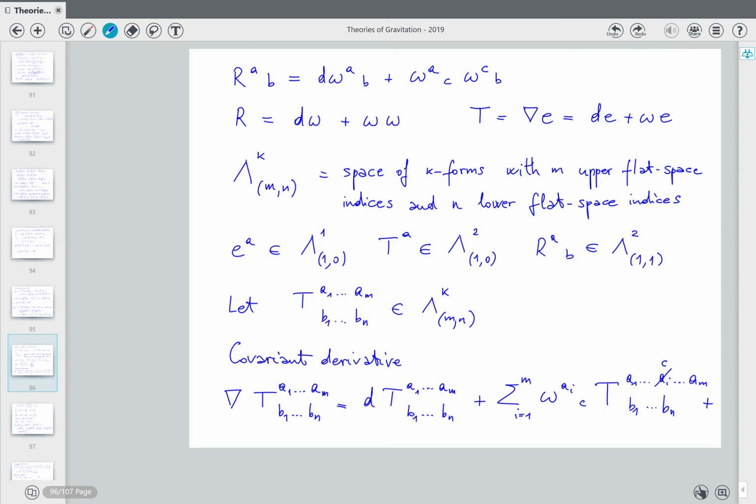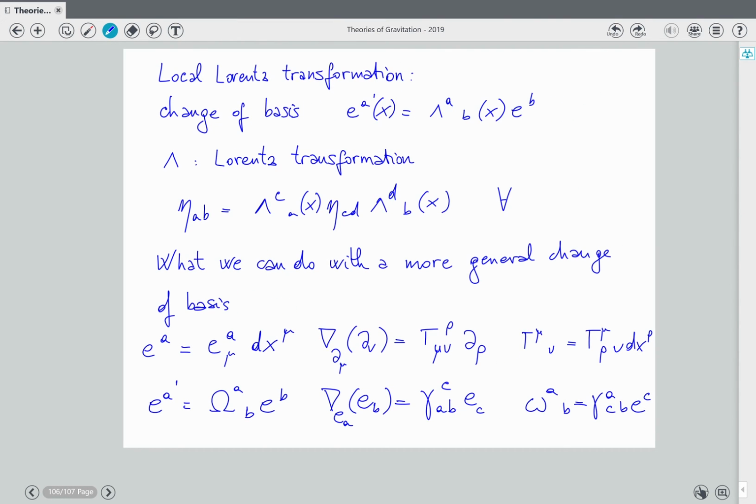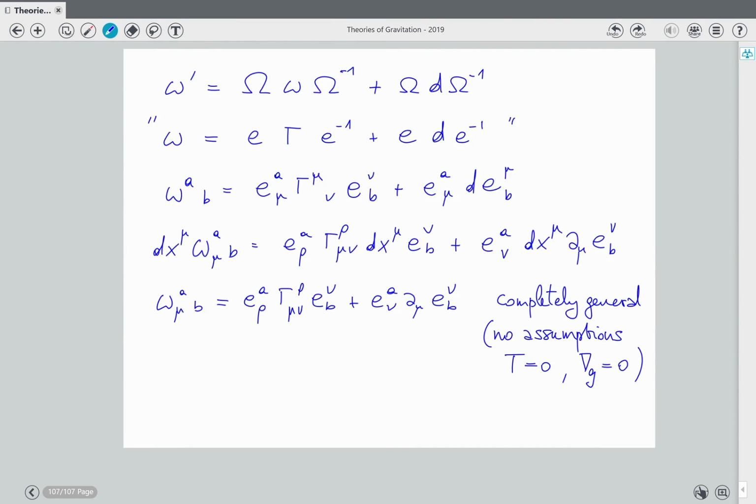Just by replacing here, when you have to deal with flat space indices, you will do it with a spin connection, and when you will have some lower or upper space-time indices, you will use the Christoffel one form built with the Christoffel symbols. So let's write this definition of the covariant derivative.